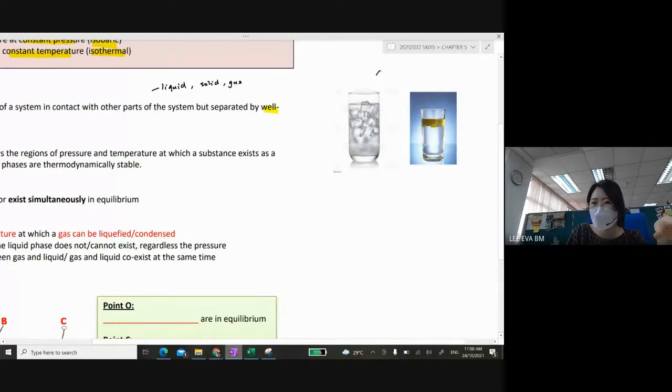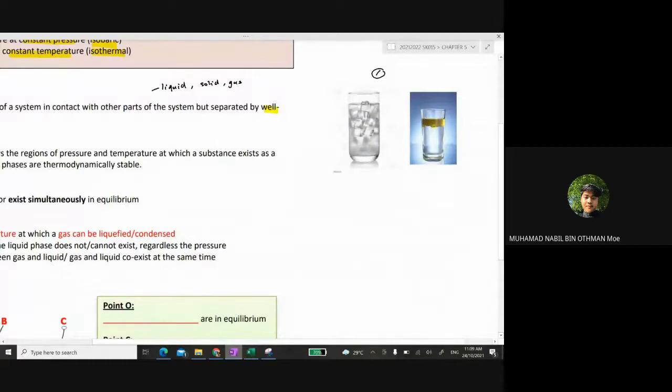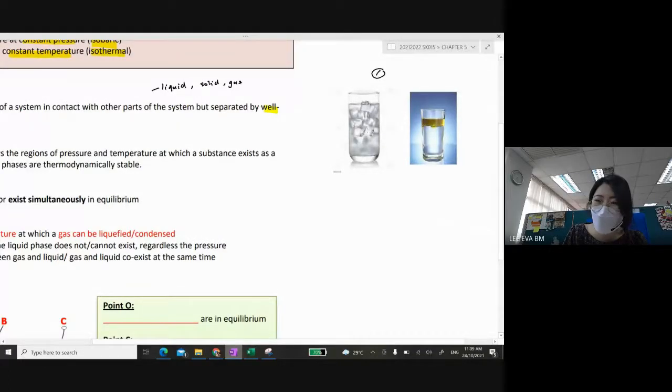But when you say separated by a well-defined boundary, let's look at this example here. This is your first example, yeah? In this diagram, what do you see? This diagram isn't in your notes, but I give some extra notes for you. Ice. You can see ice. What else? Ice with water.